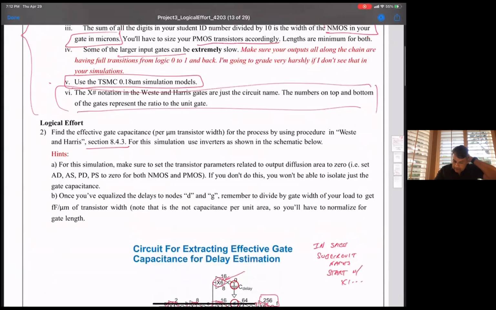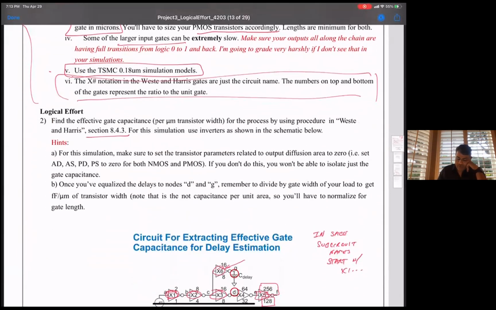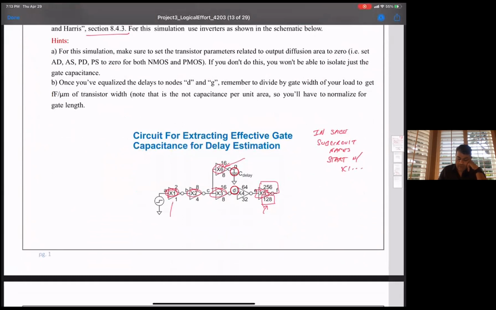Okay, and then I think Logan asks: do we want to use the models, or do we want to use the LTspice inverter? So if I understood your question correctly, Logan, you want to use the actual NMOS, PMOS transistors because you want to make sure it's picking the right SPICE models.